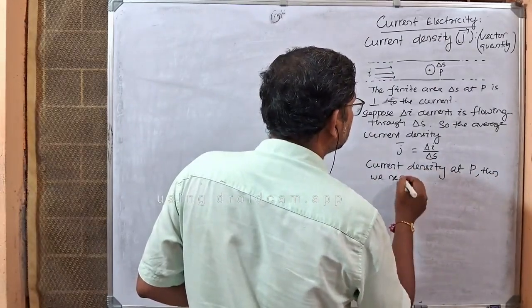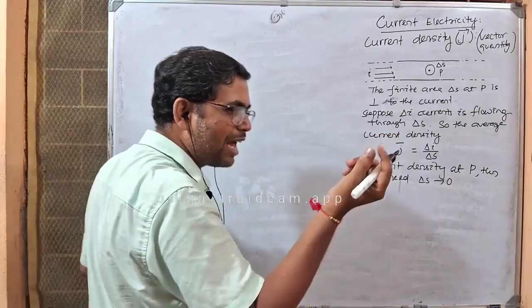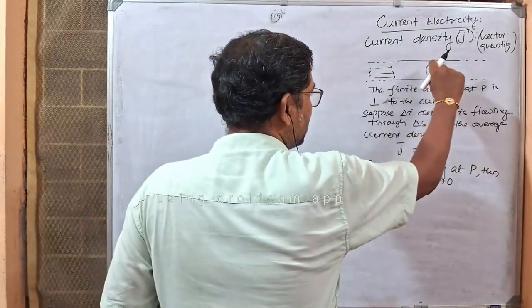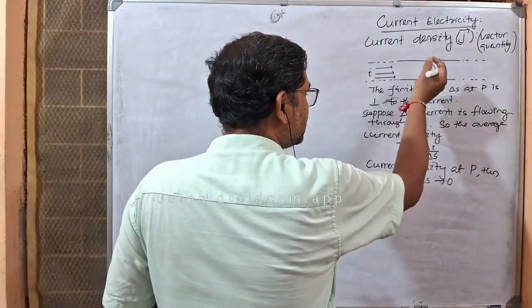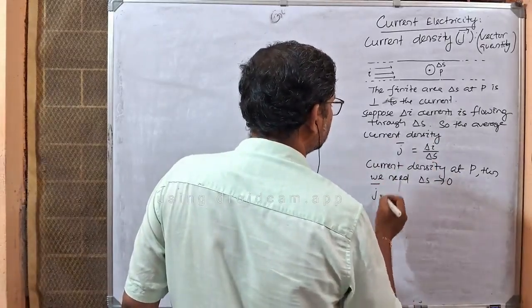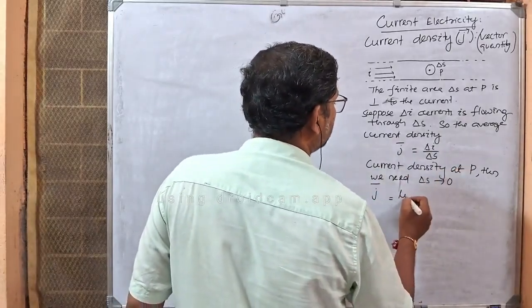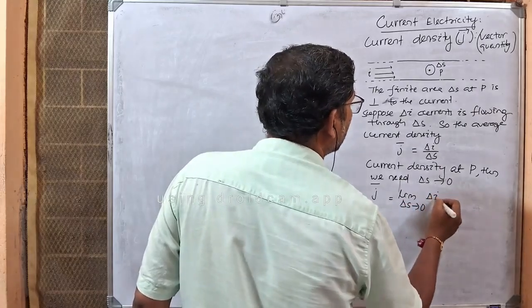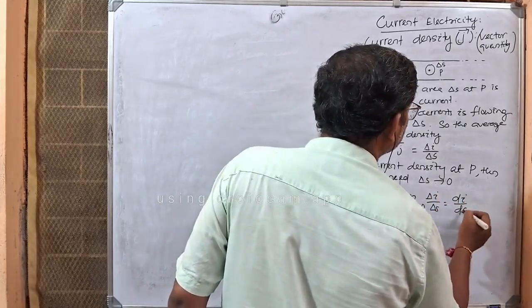Delta S should tend to 0, so that we have a point-like area. So the current density at P, no average, is equal to the limit delta S tends to 0 of delta I by delta S, that is dI by dS.